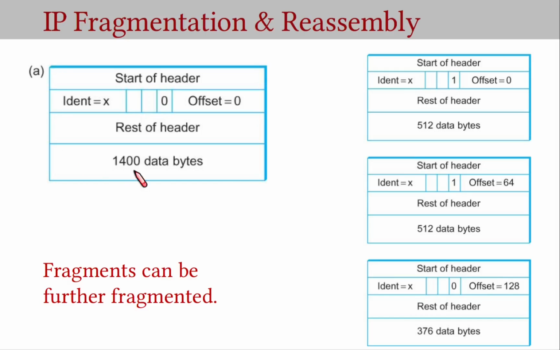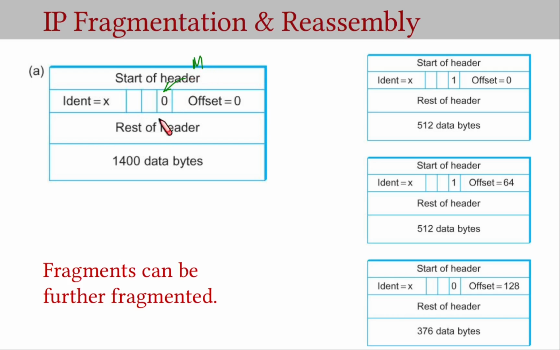So suppose this was the original header. Remember we talked about these three fields: identifier, then 3 bit flags, and offset, and we said that that's relevant to fragmentation. So when the sender sends a datagram, it will put an identifier. And this bit is called the more bit, and this is set to 0.